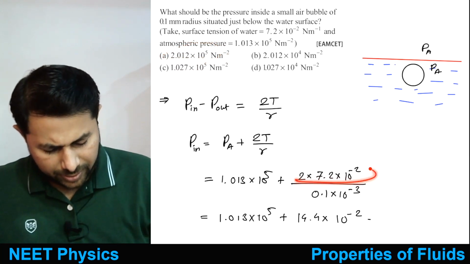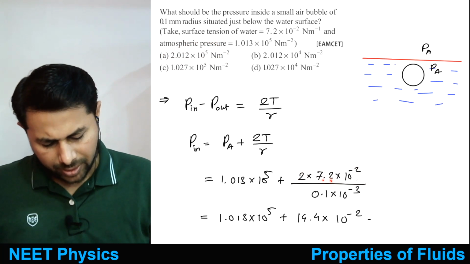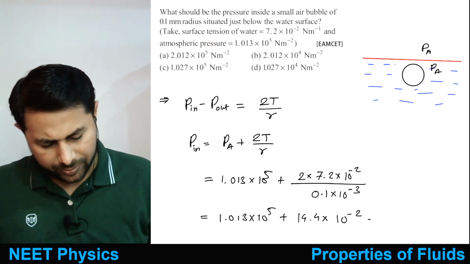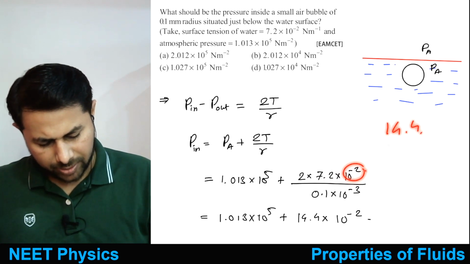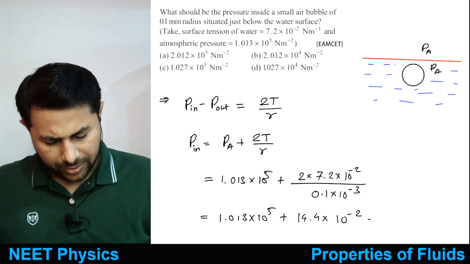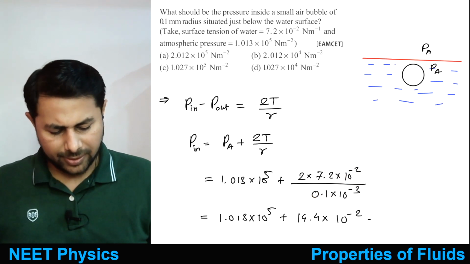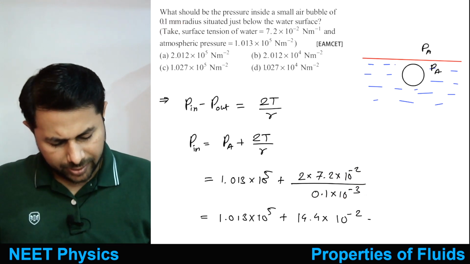Okay, so let's do this calculation. 2 times 7.2 multiplied by 10 raised to minus 2, that is 14.4 into 10 raised to minus 2. That's correct. And 0.1 multiplied by 10 raised to minus 3, right, because R is that much.